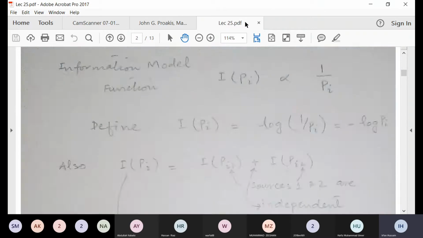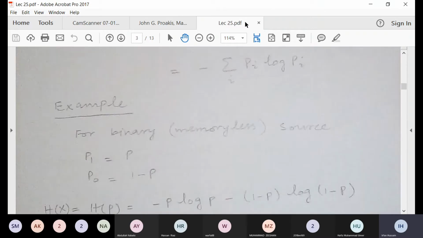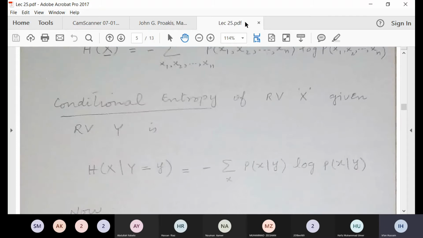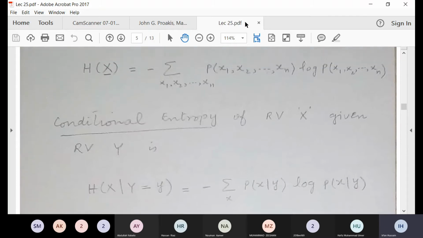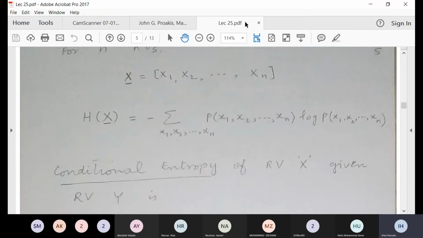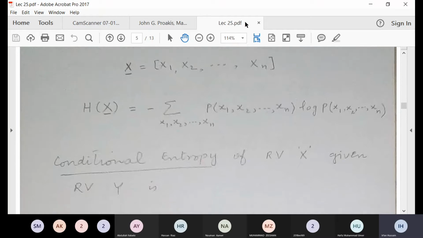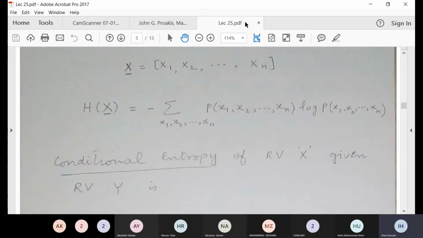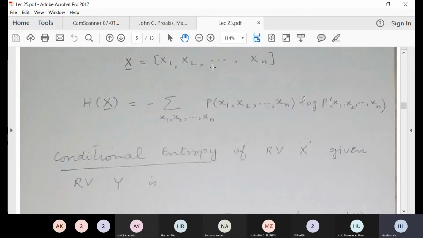This will be the conditional entropy of multiple random variables.